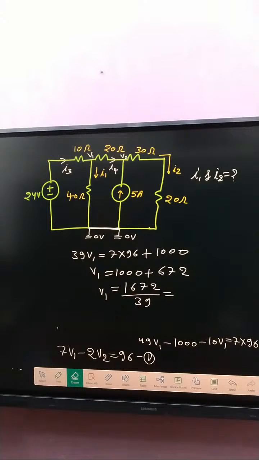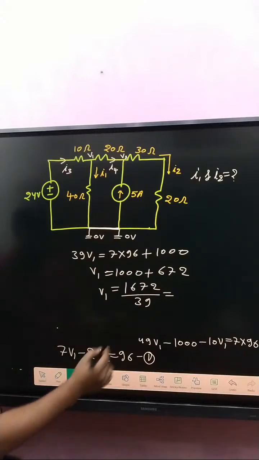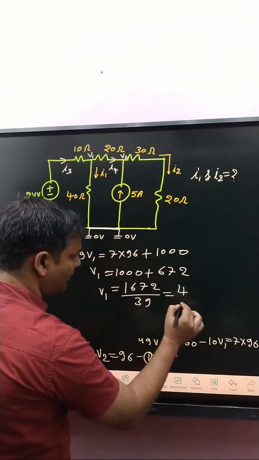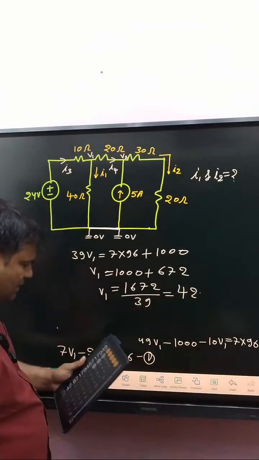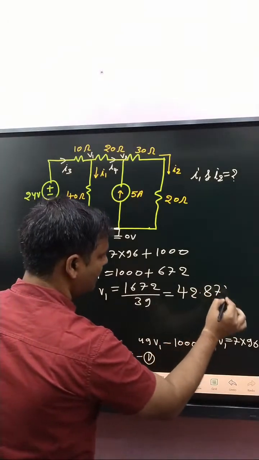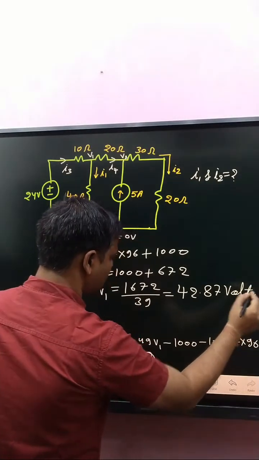What about that value? That is 1672 divided by 39. That is how much? 42.87 volt.